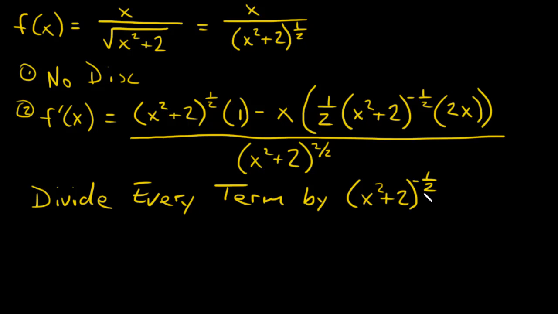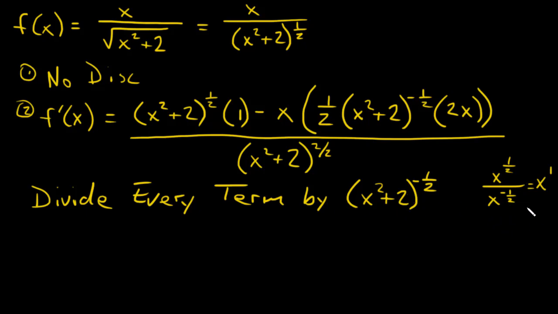If I divide by the negative 1/2, here's what happens. If you remember, if I have x to the 1/2 divided by x to the negative 1/2, you subtract exponents when you're dividing them. So 1/2 minus negative 1/2 is the same thing as 1/2 plus 1/2, which is just going to be x to the first. Okay? So when I'm dividing by a negative exponent, it's pretty much the same thing as adding it to the top exponent, because I'm subtracting the negative.